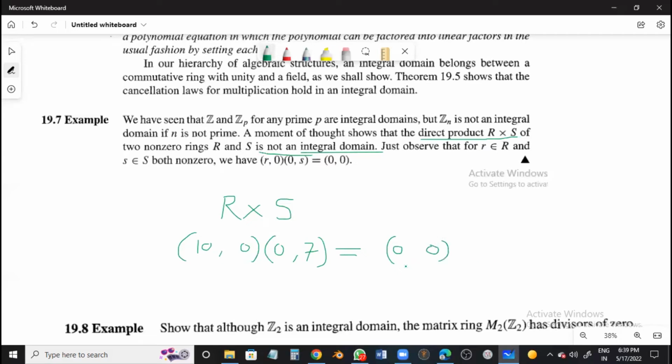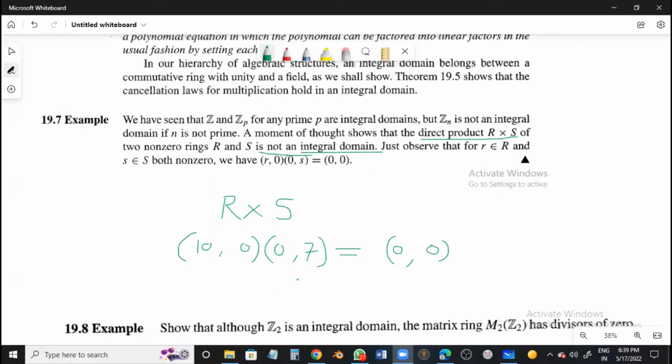The answer is 0. Despite having non-zero entries, the product will be 0. So the direct product of two non-zero rings cannot be an integral domain. Have you understood the fact?